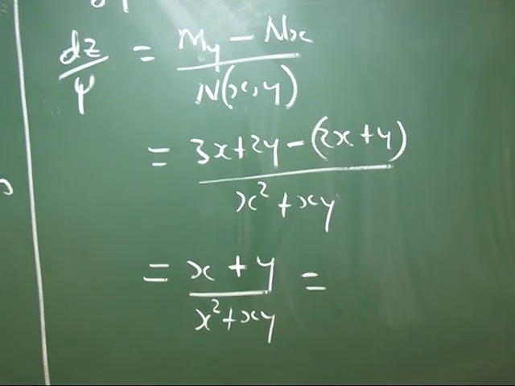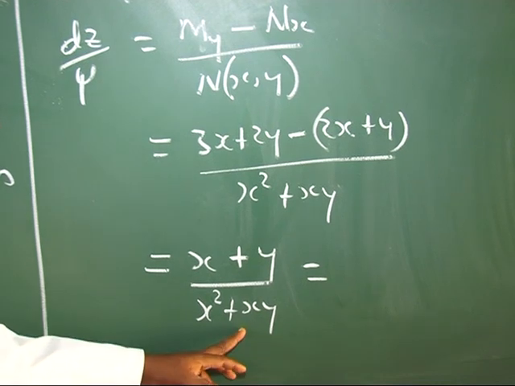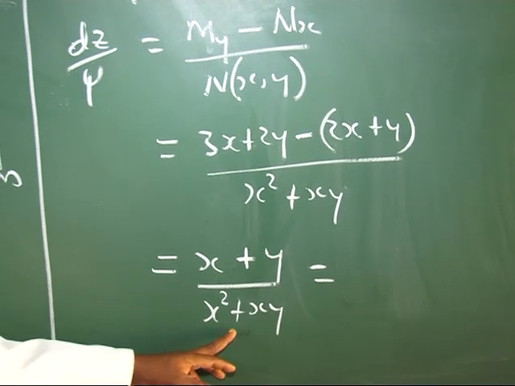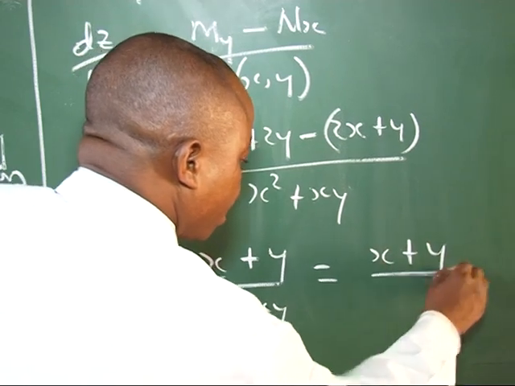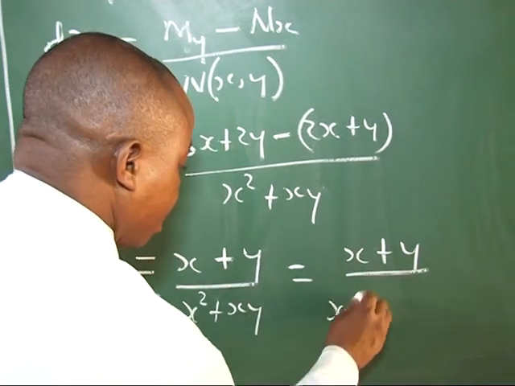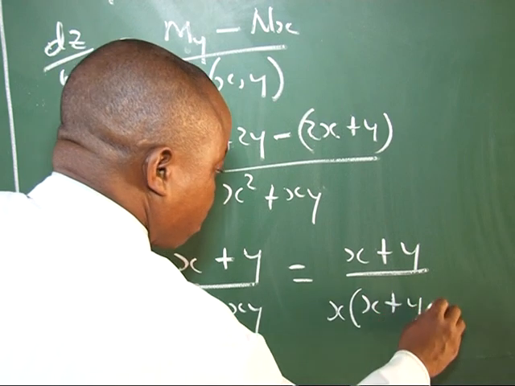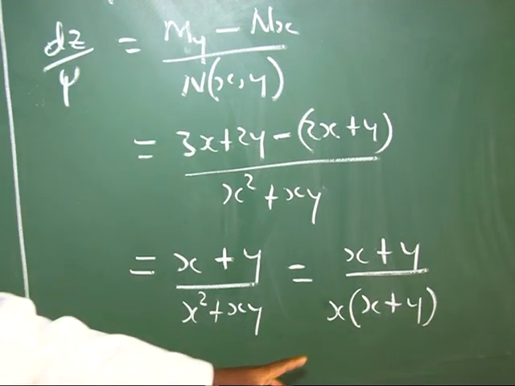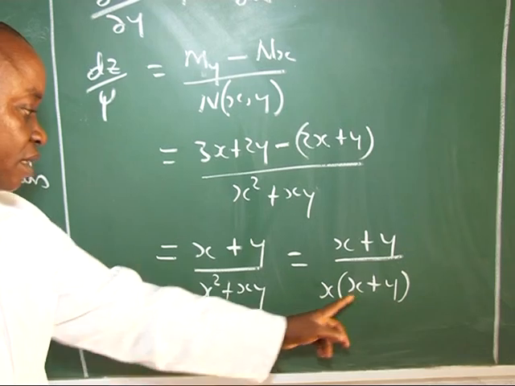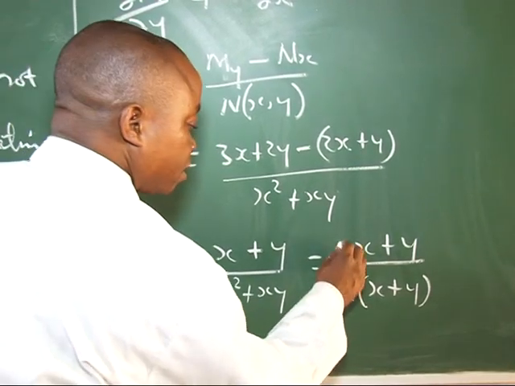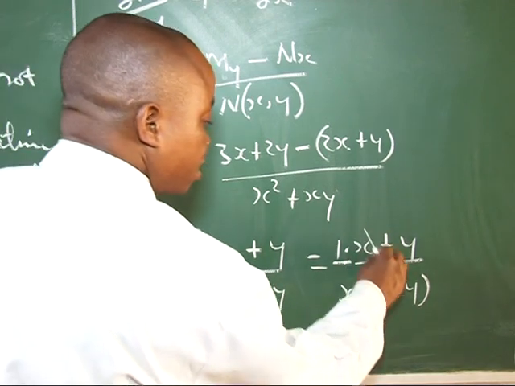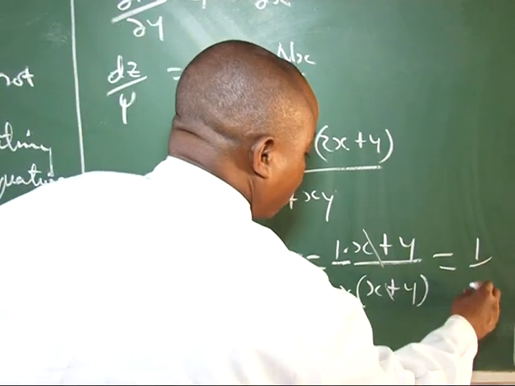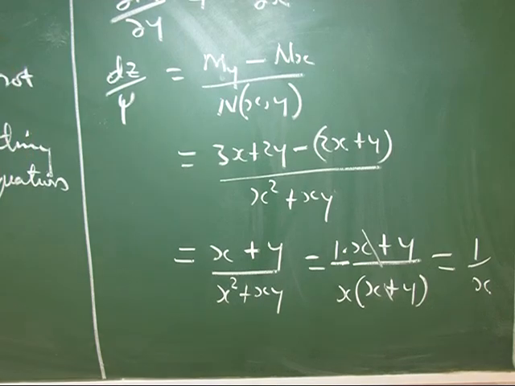Of course, I can write this as (x plus y) all over x times (x plus y). Look at that, because if I multiply it, I'll get back this and this. So what it means is 1 over this. This can cancel this, so I have 1 over x.